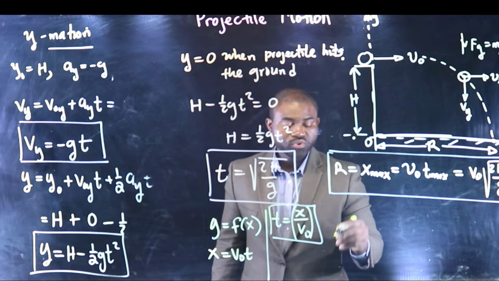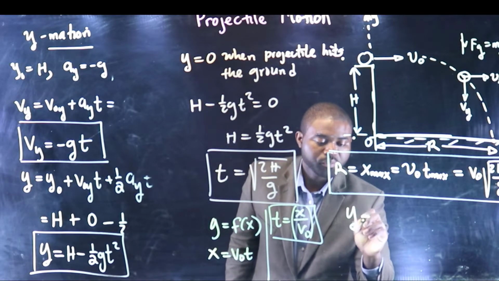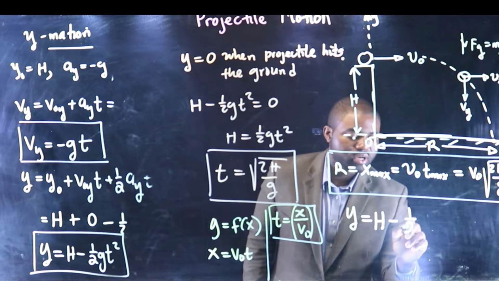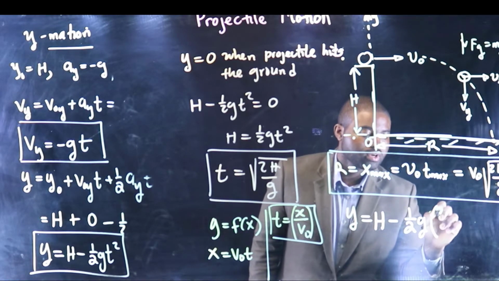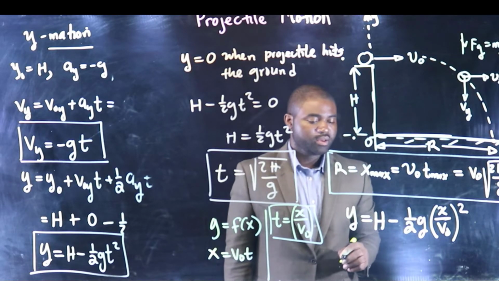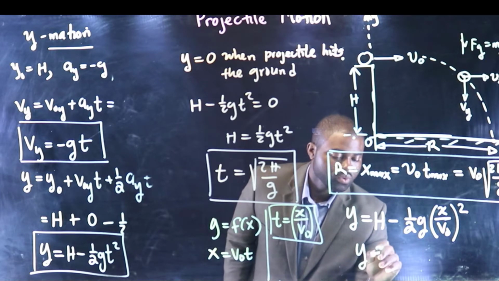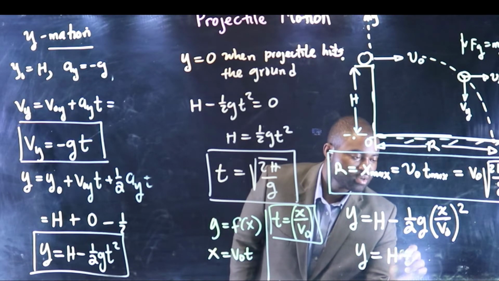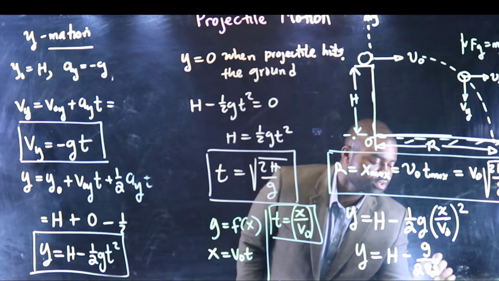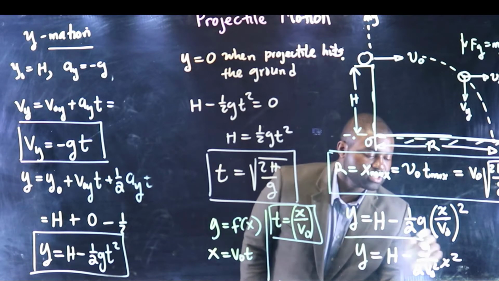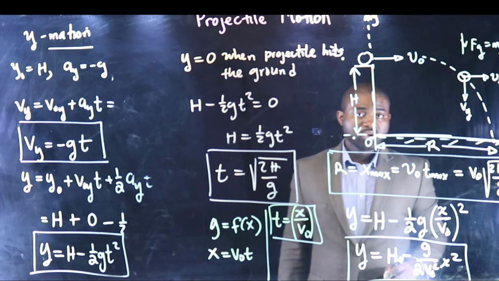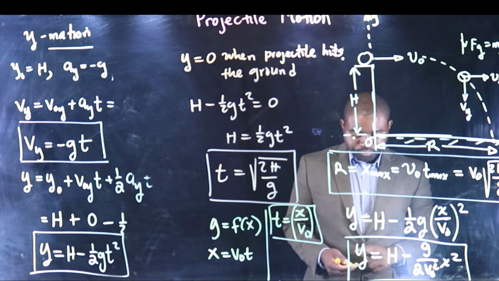And if we do so, we will have y equal to h minus 1/2 g x over v naught all squared. Therefore, y will be equal to h minus g over 2v naught squared x squared. This is the equation of motion of the projectile path.